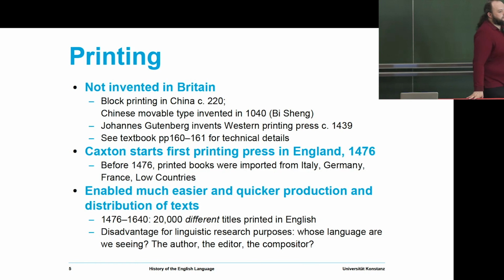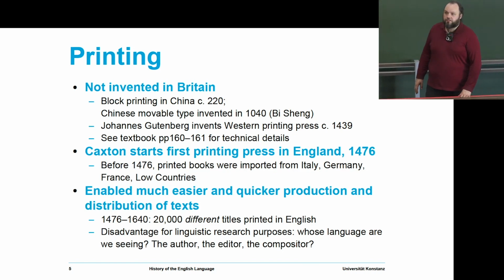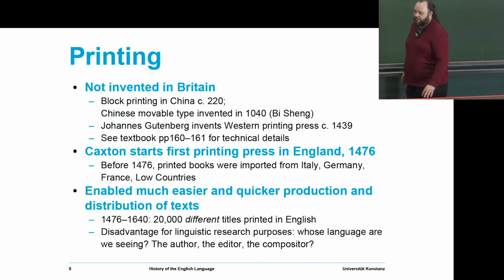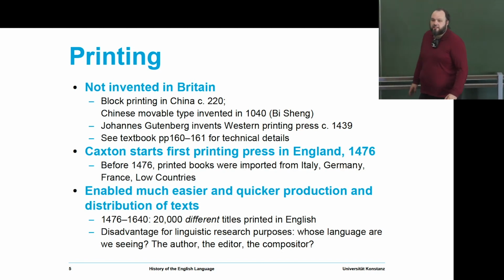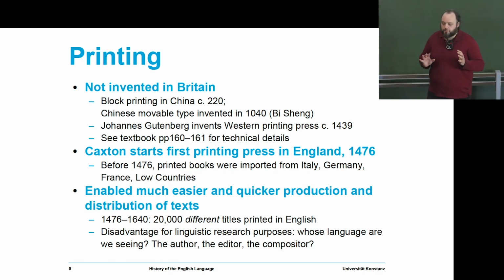It comes with a disadvantage as far as we're concerned. As far as the historian of the language is concerned, the problem with printed texts is that you never quite know who is to blame for any given thing that you see.